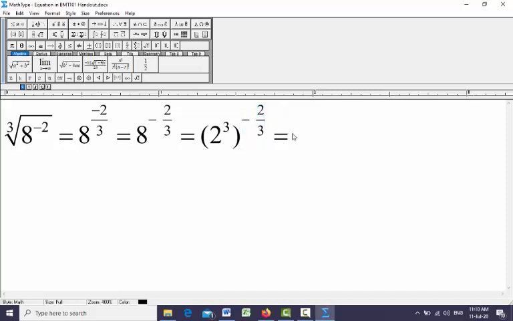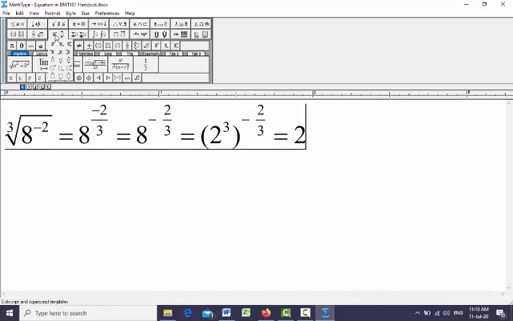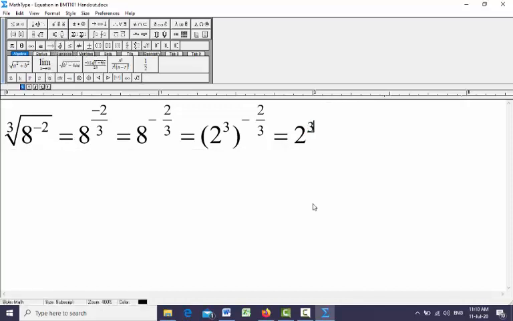In such a case, the powers will be multiplied together. So we will have 3 multiplied by minus 2 by 3.